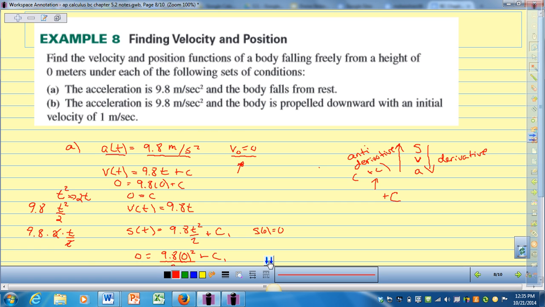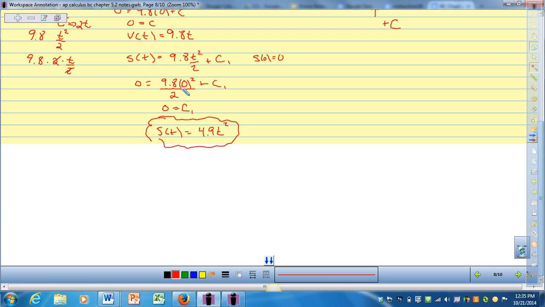And again, we need to solve for the constant. So we put 0 in for the position, we put 0 in for the time, and we solve for c1. And in this case, again, our constant comes out to be 0. So my position function is 9.8 t squared over 2, which is 4.9 t squared.